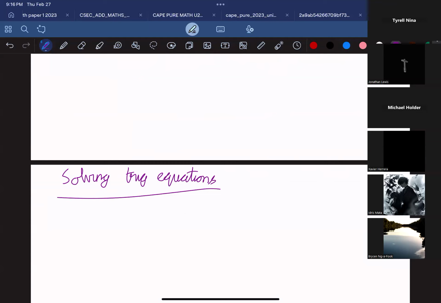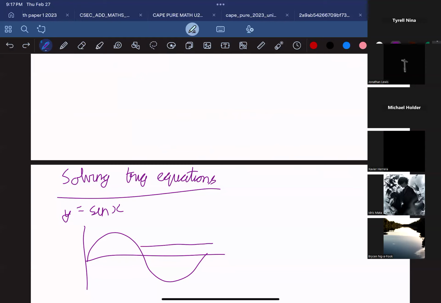Let's look at y equals sine x. It looks something like this, right? If I was to draw a horizontal line, a straight line here, you would notice here and here there are two intersections.